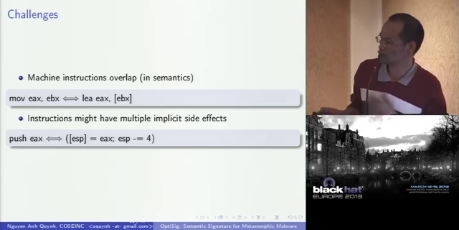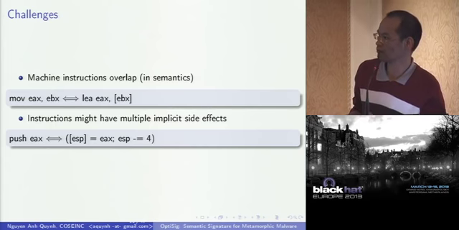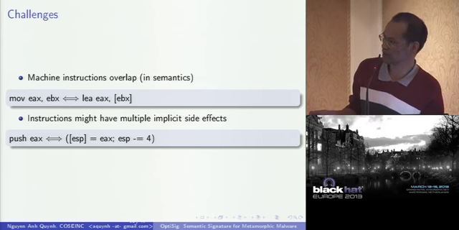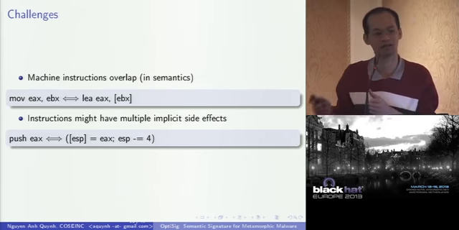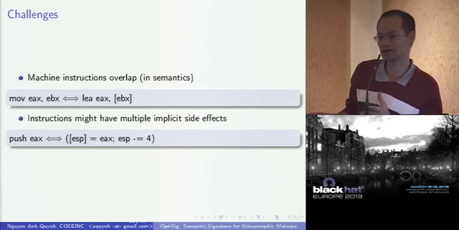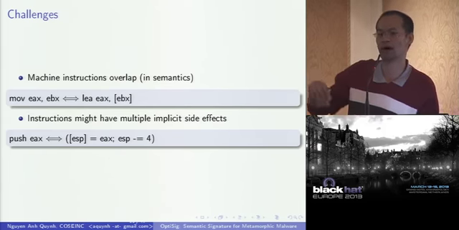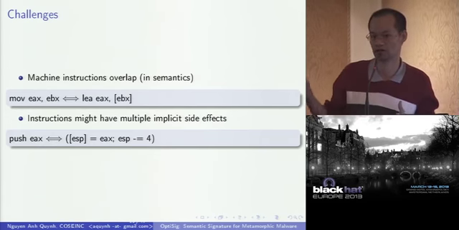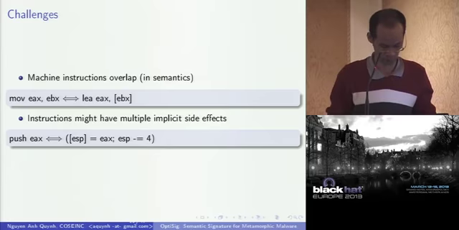The second problem is that an instruction may have multiple implicit side effects. For example, push EAX does many things inside: it copies EAX to the stack, and after that it moves ESP, the stack pointer, down 4 bytes. So there are many side effects inside one simple instruction.